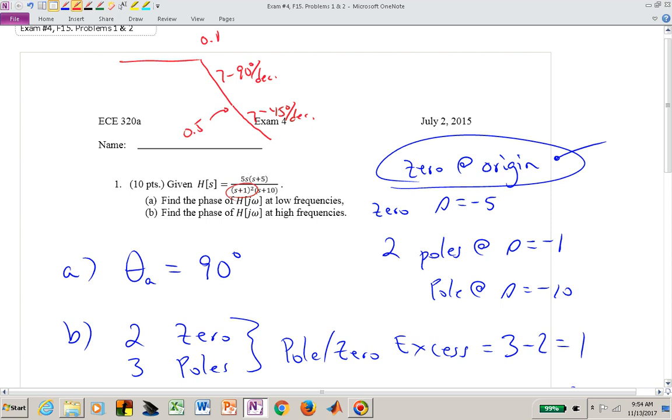And all of these now start and stop. When is this particular contribution going to finish? It's going to finish a decade beyond 1, so it will turn off at 10. This one will turn off at 50. This one will start turning on at 1 and turning off at 100.